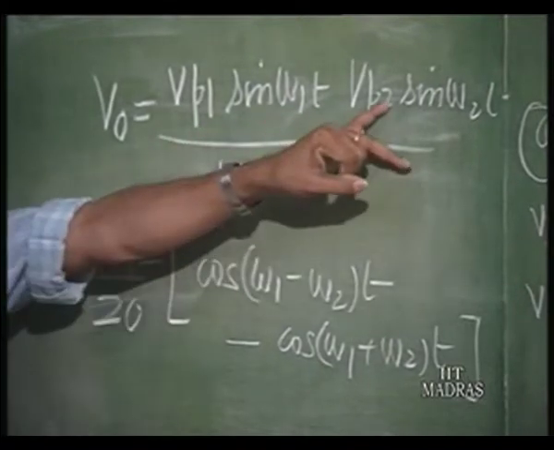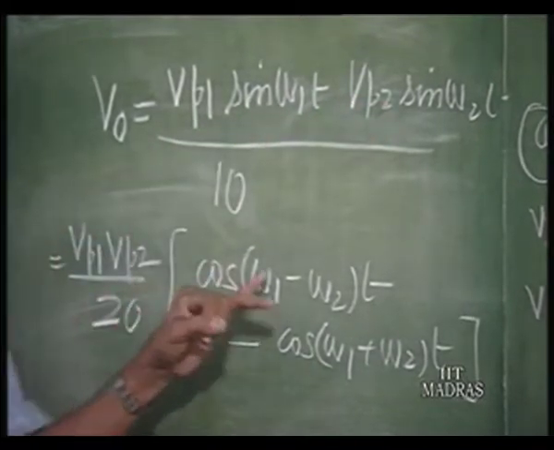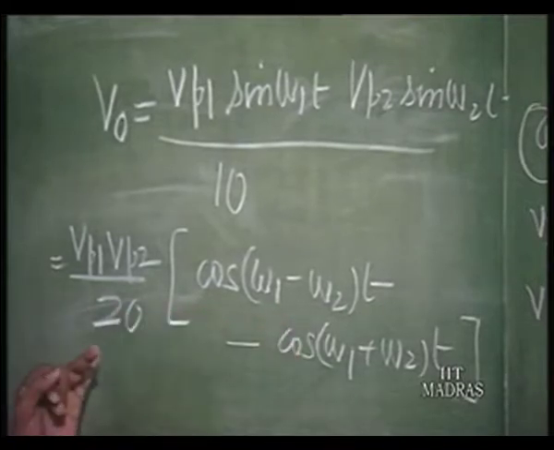Sin A sin B is equal to cos A minus B minus cos A plus B by 2. This is known to you.